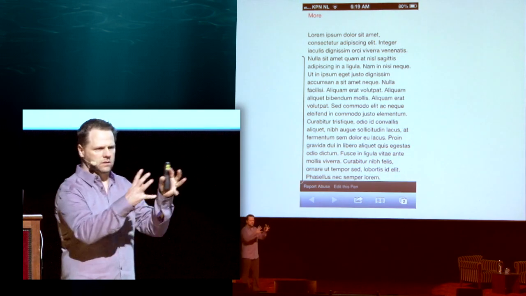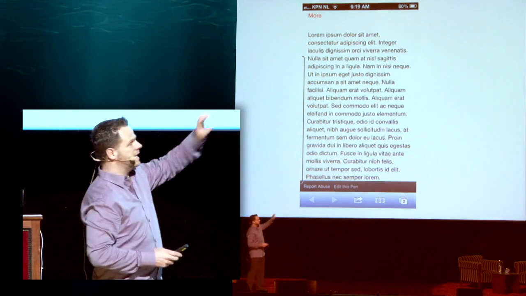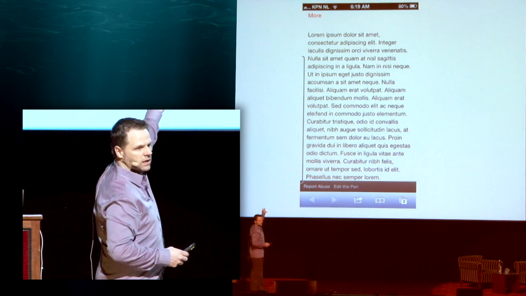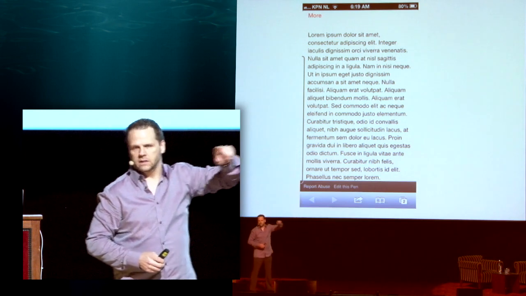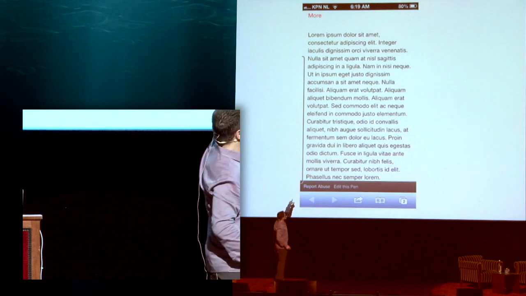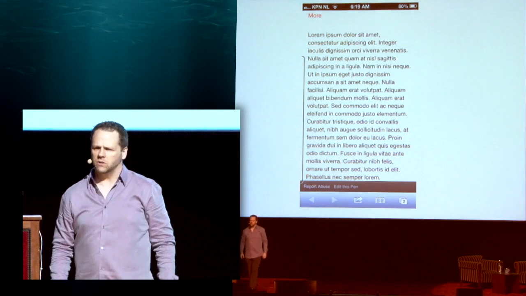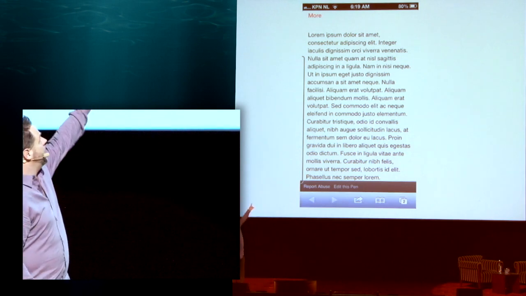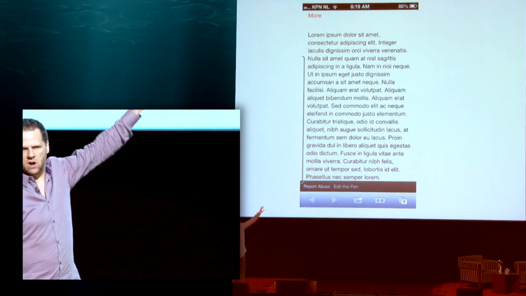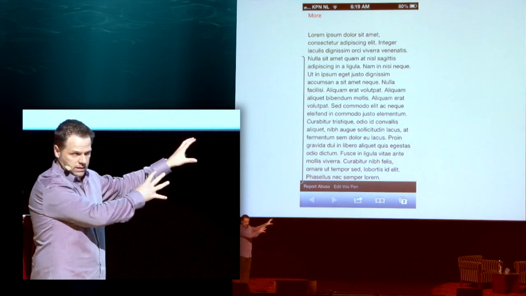So when we get to narrower widths, there's patterns where we say, take that extra content and move it off to the left, or move it off to the right. And you see on the left-hand side here, you see the black line that's going all the way down, or almost all the way down the left-hand side. That is content that is off the screen, that has been slid.